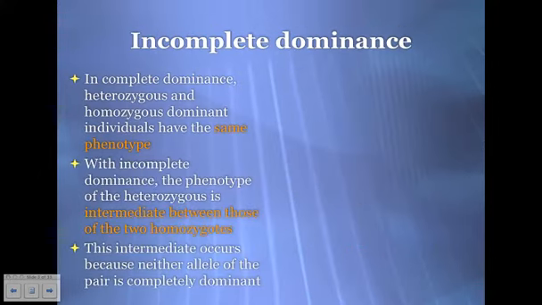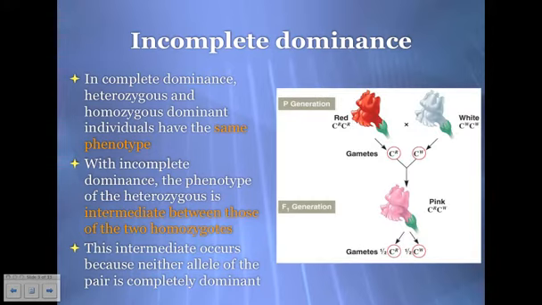The first non-Mendelian pattern I'd like to discuss is something called incomplete dominance. As its name suggests, there is not a completely dominant allele and a completely recessive allele. In Mendelian genetics, complete dominance has heterozygous and homozygous dominant individuals having the same phenotype or physical appearance.